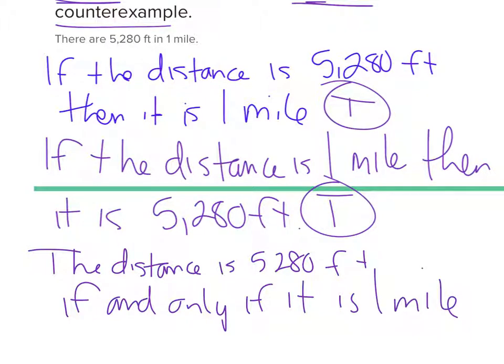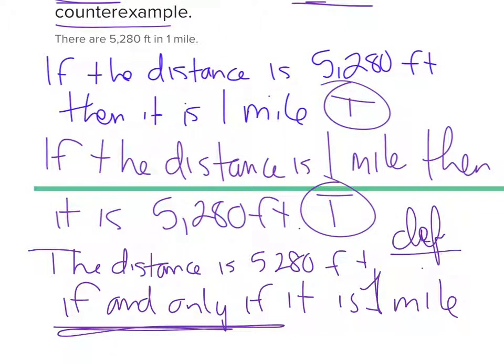So I use that if and only if to answer my question. All right, that would be my biconditional, and in this case, it would be a definition. Sorry, that means that's shorthand for definition.